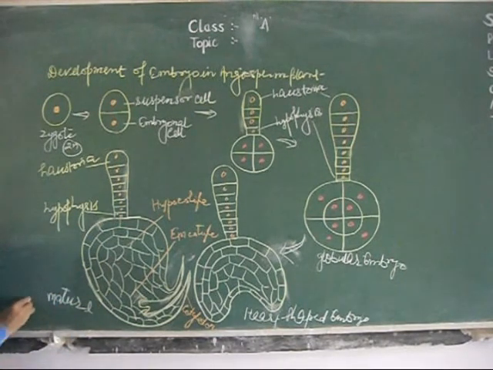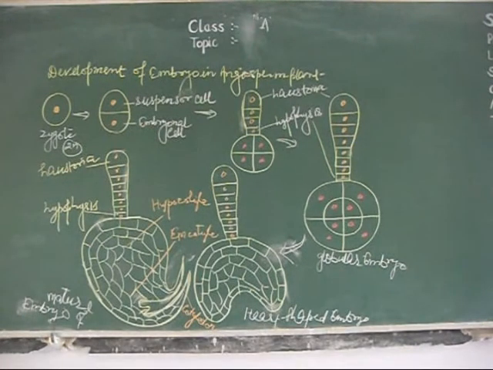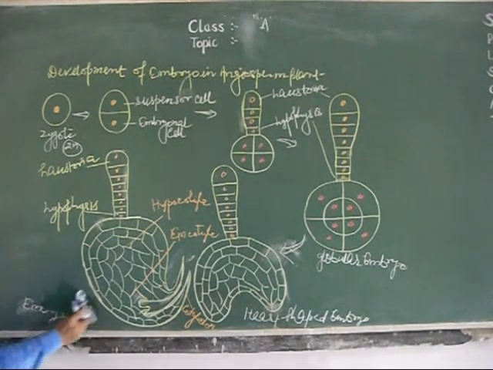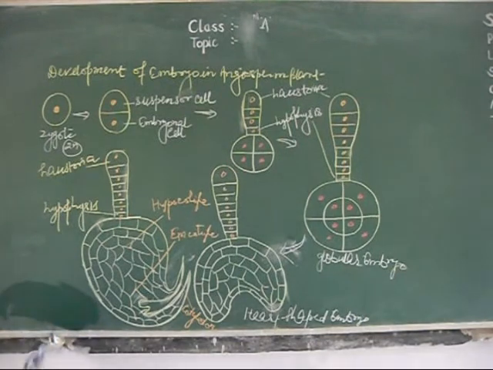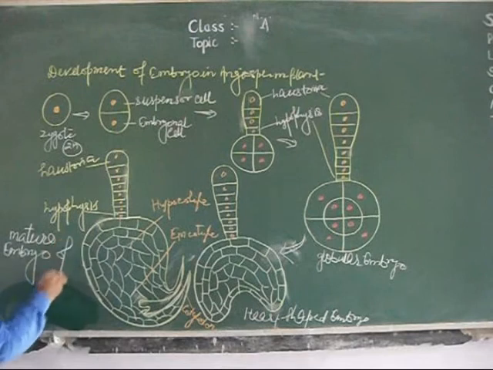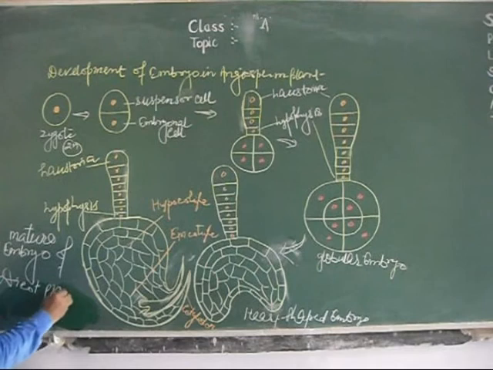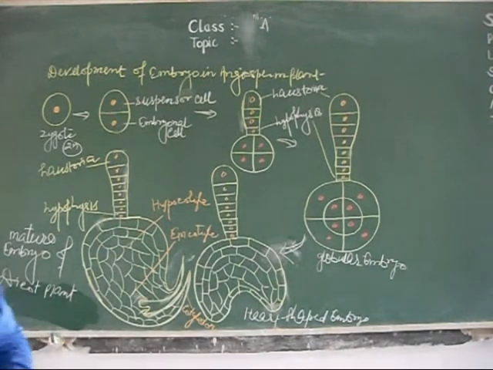Mature embryo of dicot. This is the mature embryo of dicot plant, Capsella bursa-pastoris.